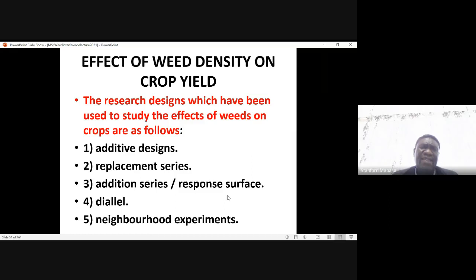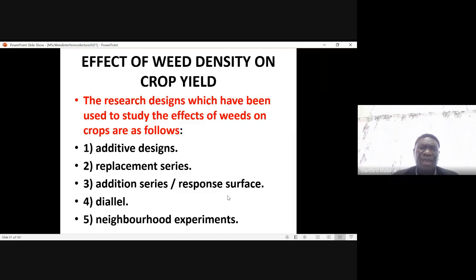The aim of such studies is just to understand how weed density influences crop yields, and the information derived could be used in weed management.